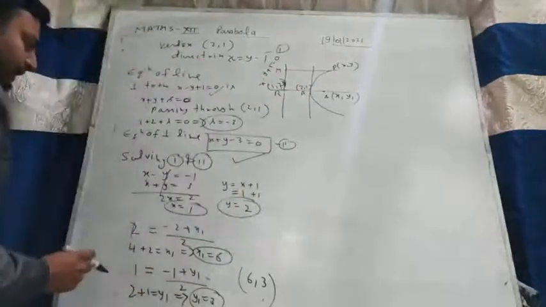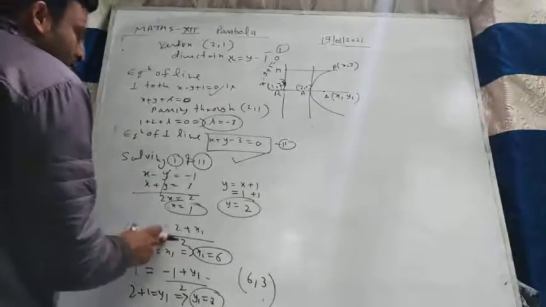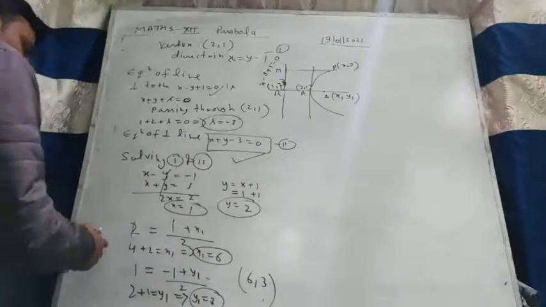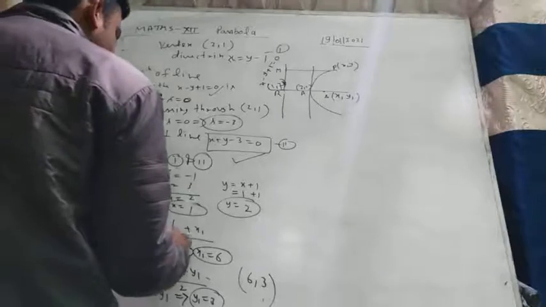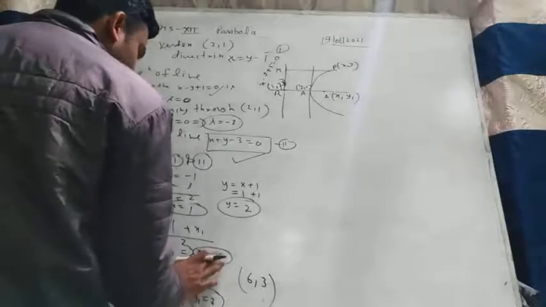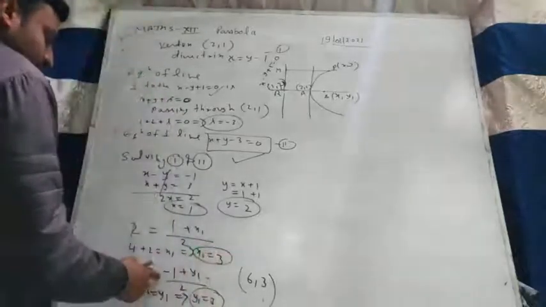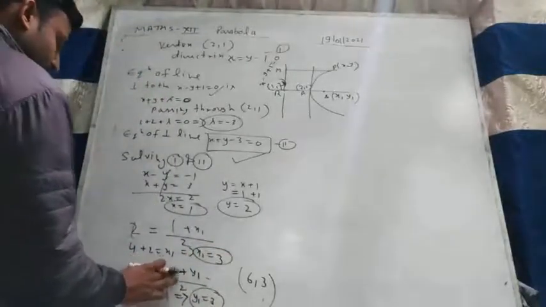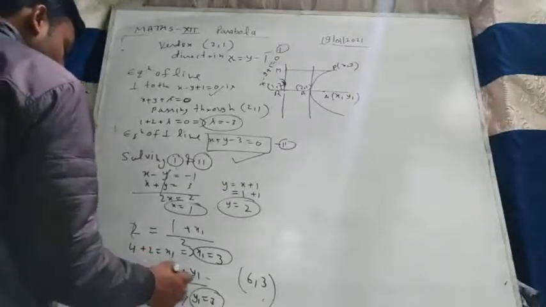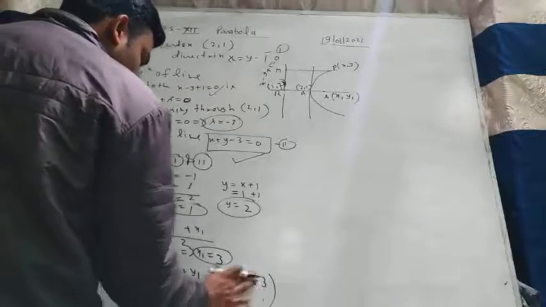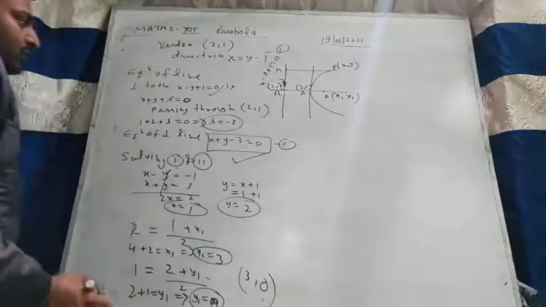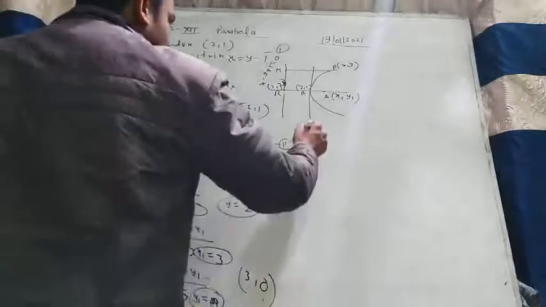Now the midpoint: 2 is 1 plus x1 by 2, so x1 is 3, and for y, 2 is 2 plus y1 by 2, so y1 is 0. So the coordinate will be 3 comma 0.